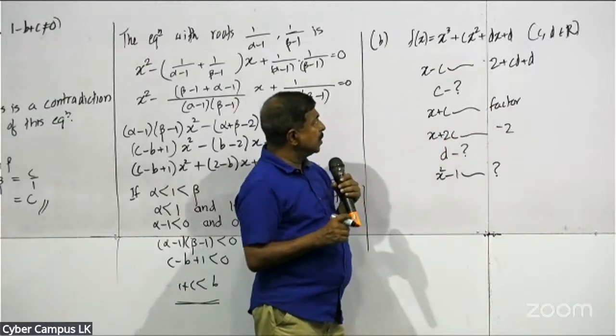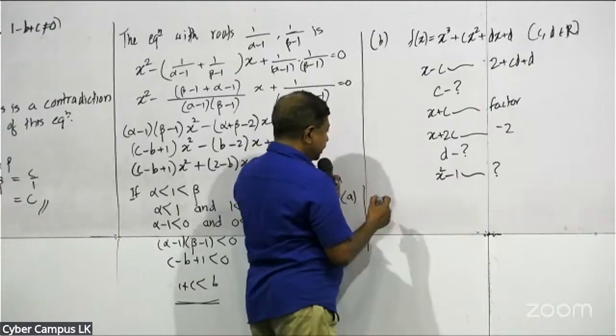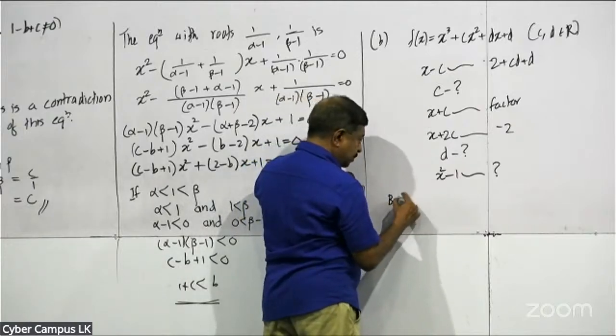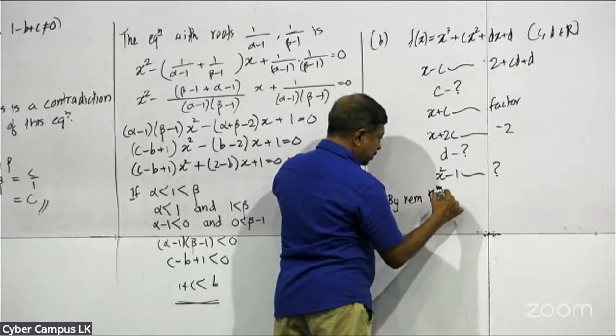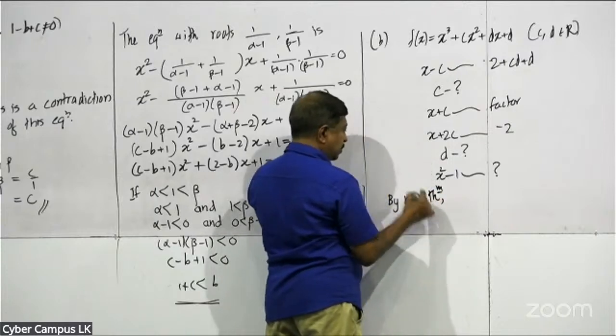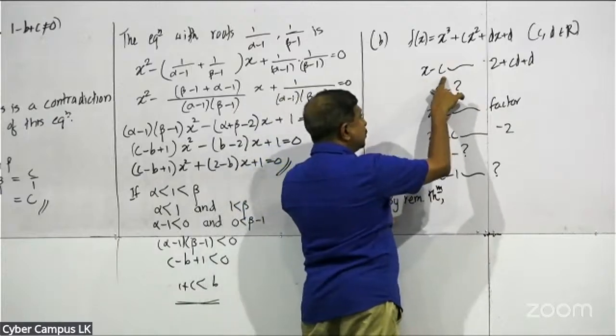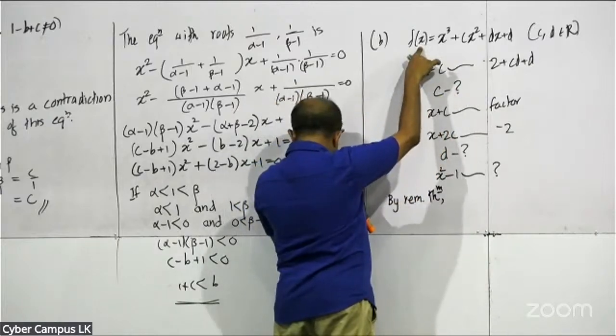Now, using the remainder theorem, when it is divided by x minus c, the remainder will be f of c.